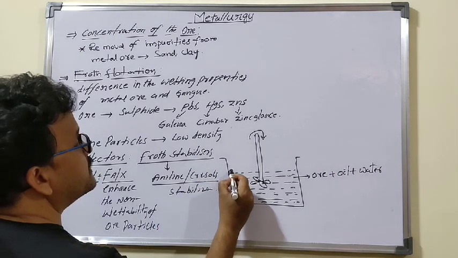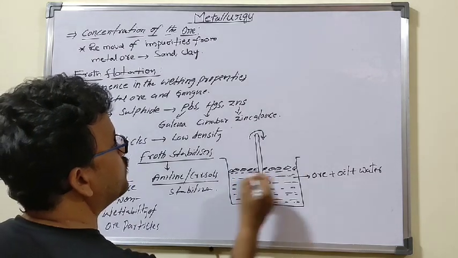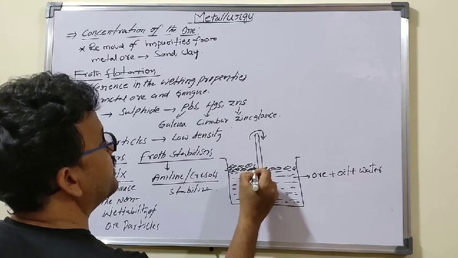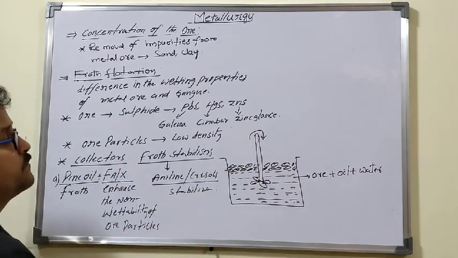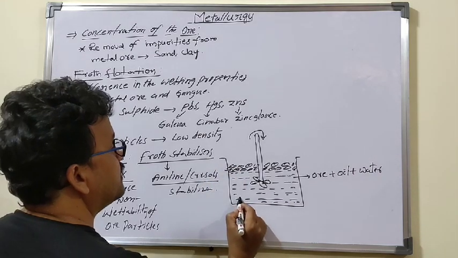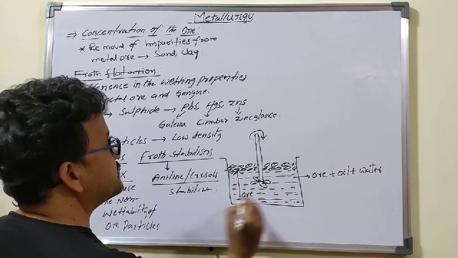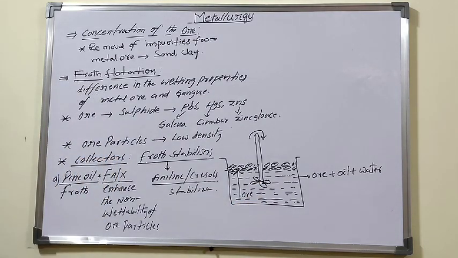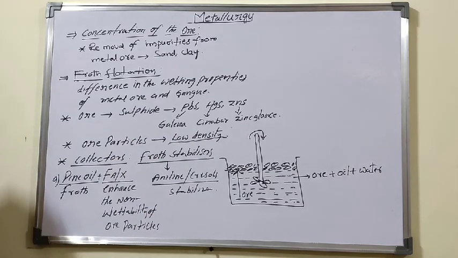Then at the top of the vessel, froth is generated. When we rotate this paddle, this froth moves to the top along with ore particles, because I told you already, ore particles have low density.